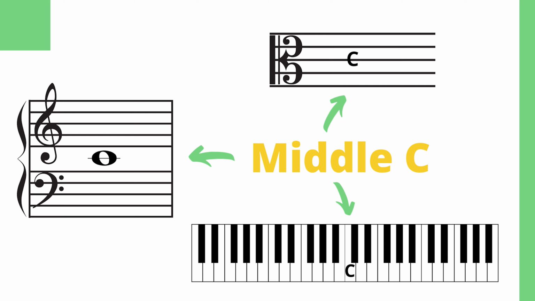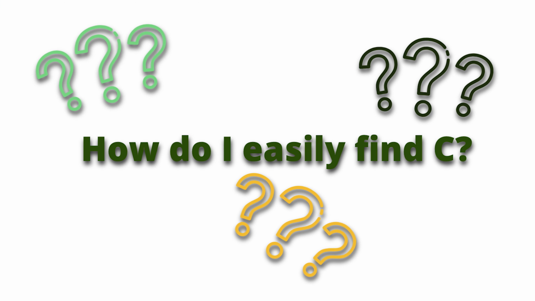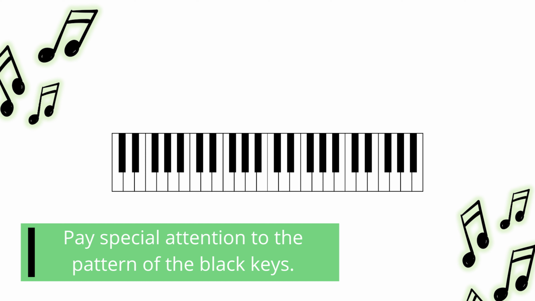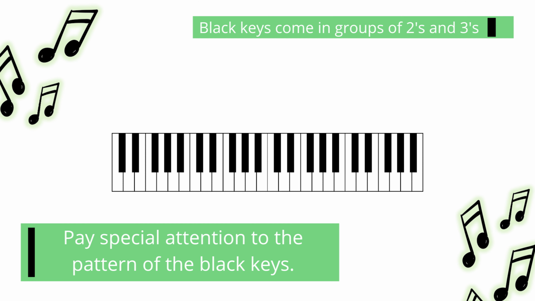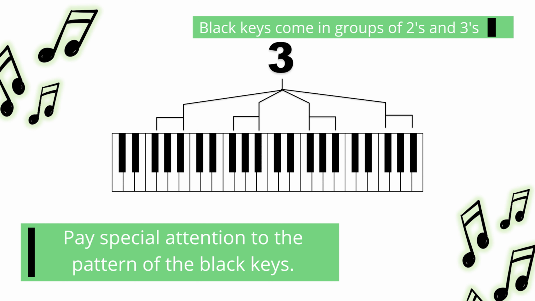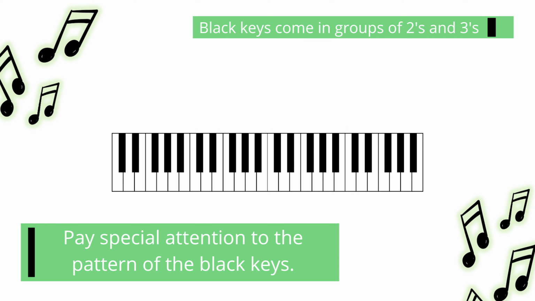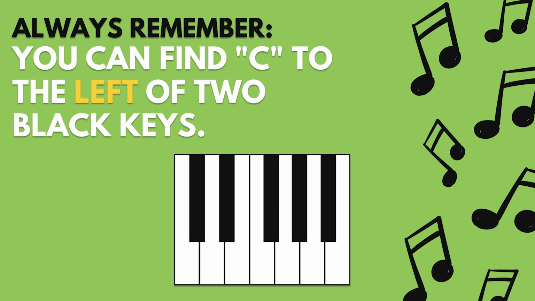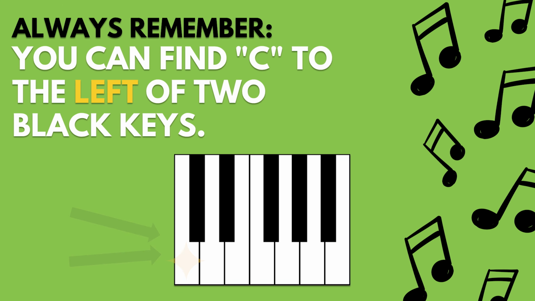Now, if middle C is so important, how can we easily find it? First, take note of the alternating pattern of 2 black keys and 3 black keys on the keyboard. Now that you see this pattern, memorize this tip. The note C is always found to the left of 2 black keys.